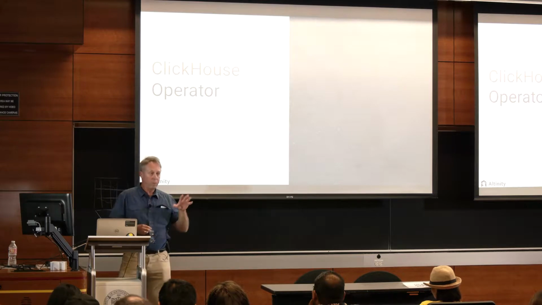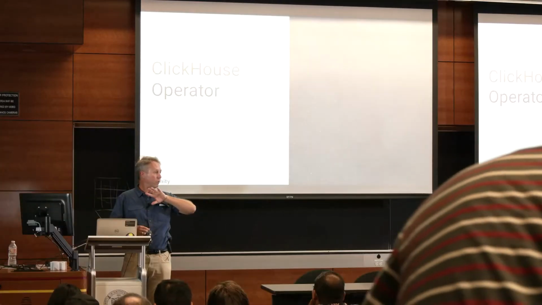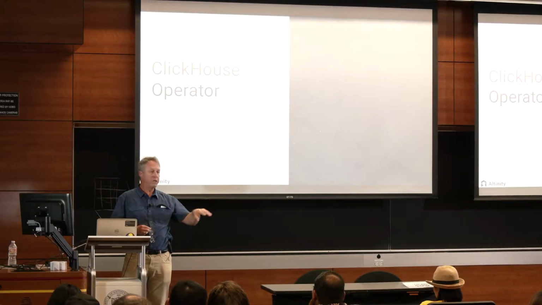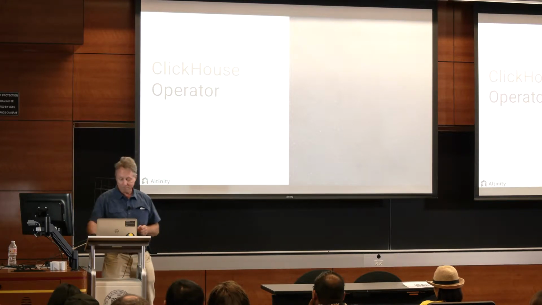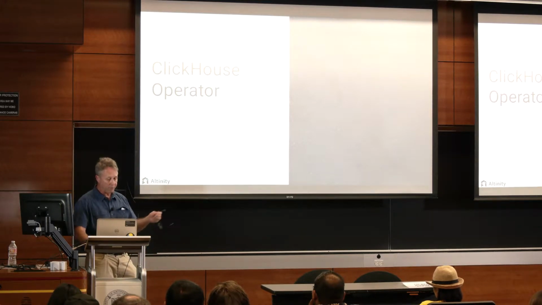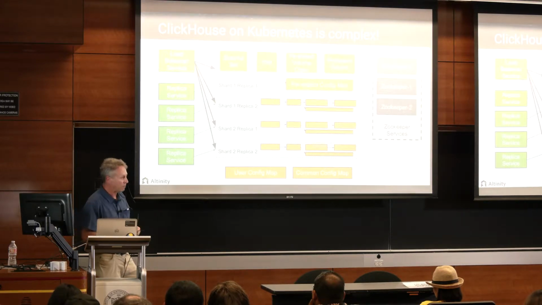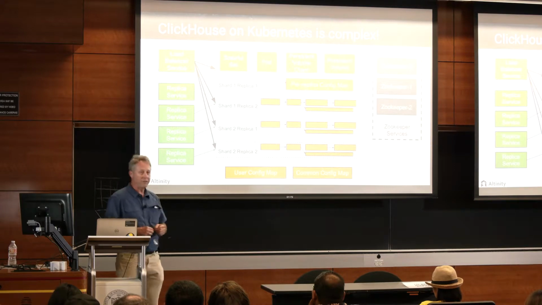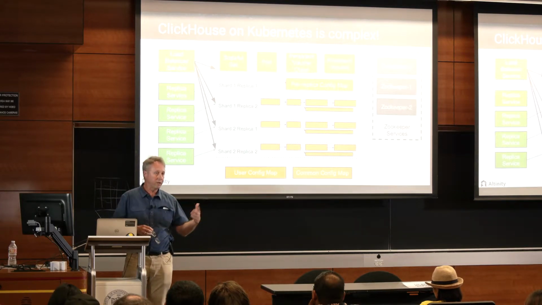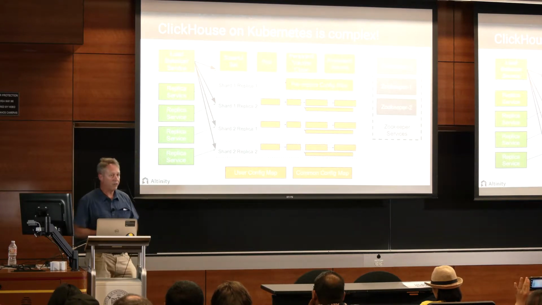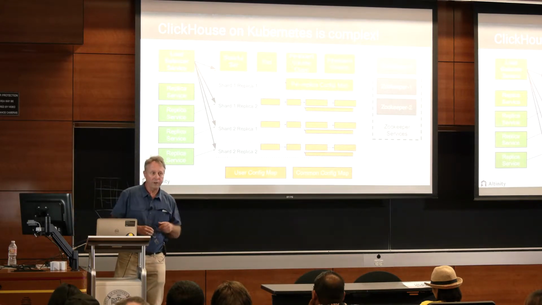So the problem that we were after was to have a data warehouse be defined in Kubernetes and then have Kubernetes set it up. And since our business is data warehouse and we want it to be as easy as possible, the problem is that real systems, particularly clustered data warehouses with replication, are more complicated than that simple example that I just showed you.